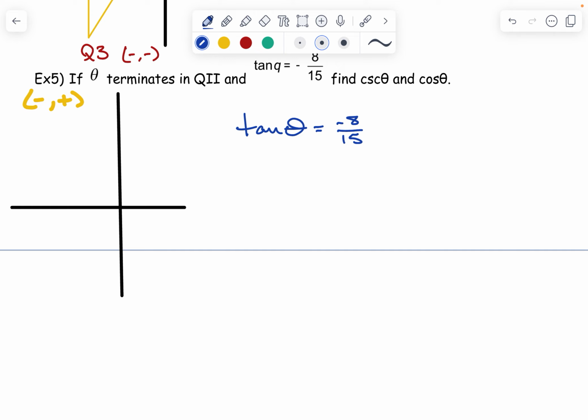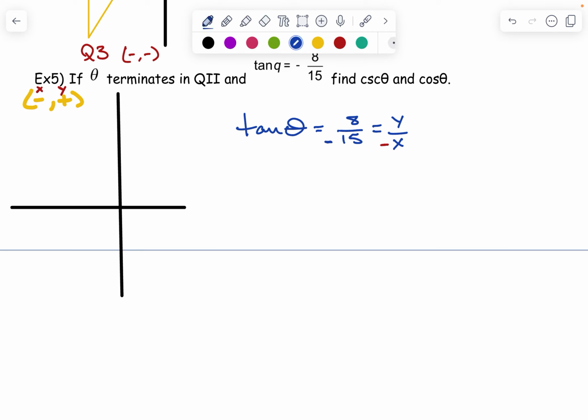And in the case of tangent, it's y over x. So we know in quadrant 2, x is negative, y is positive. So it's actually this one that's negative right here. I can go right here and fix that.